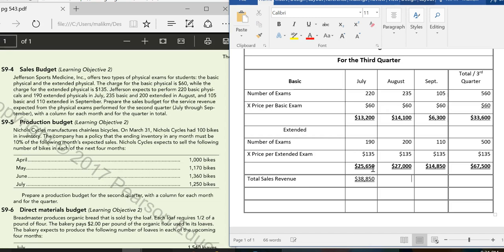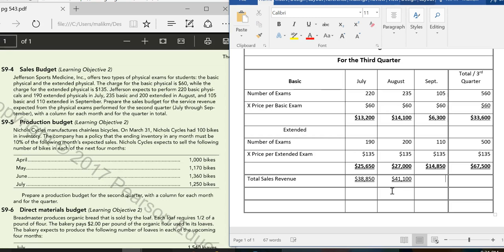Now we can do the same thing for the month of August. If you add 14,100 plus 27,000, you will get 41,100.